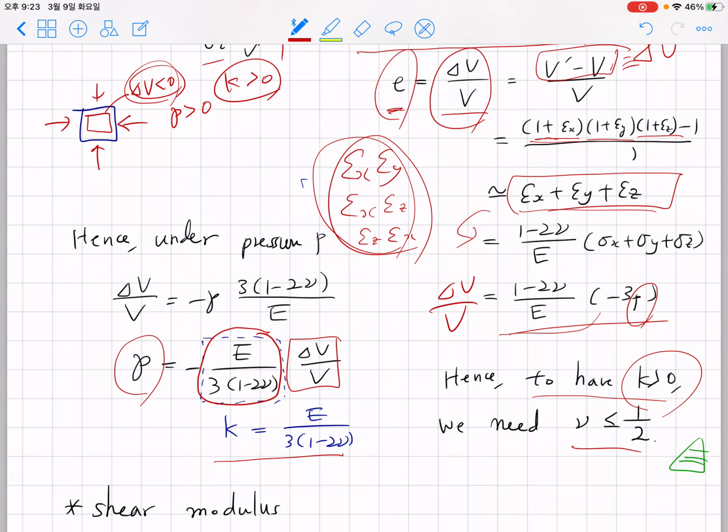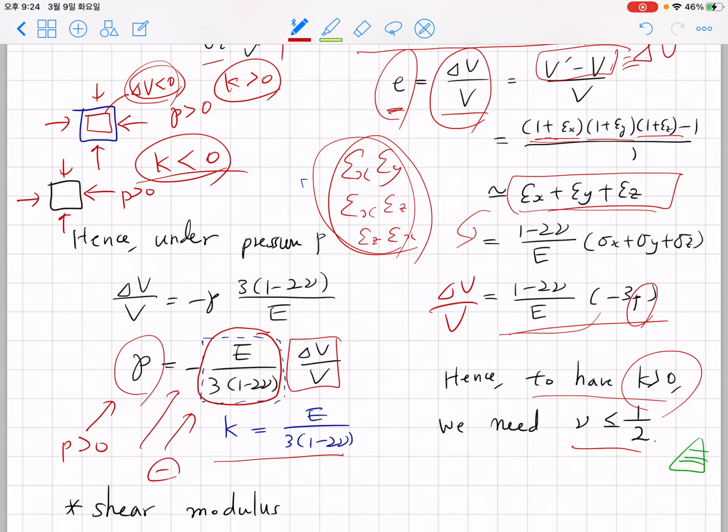However, if you have a material with k less than 0, you're going to expect something really weird. The weirdest thing is when you have some material whose original size is like this, and if you try to make a compression, what negative k means is that p is larger than 0 and k is a negative value, with this negative sign.